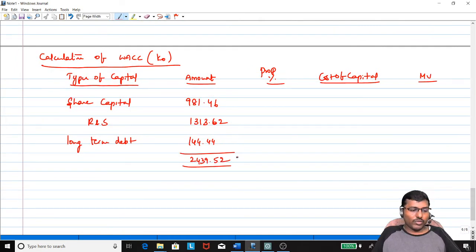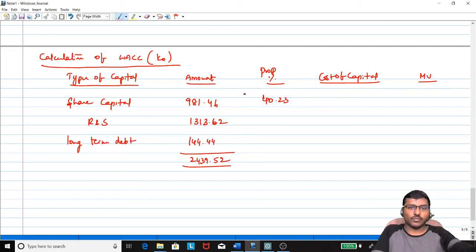So percentage proportion will be 981.46 divided by 2439.52 into 100. So 40.23% approximately. Okay, next, what else you have got? I'll remove the percentage over here. 40.23.